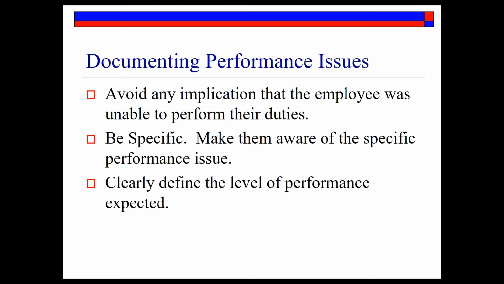Clearly define what is the level of performance expected, okay? If it's a goal-based type of expectation, such as he's to make a certain number of contacts per week, and he's only meeting half of those, by establishing what is expected, you're being able to direct him to something that is black and white.